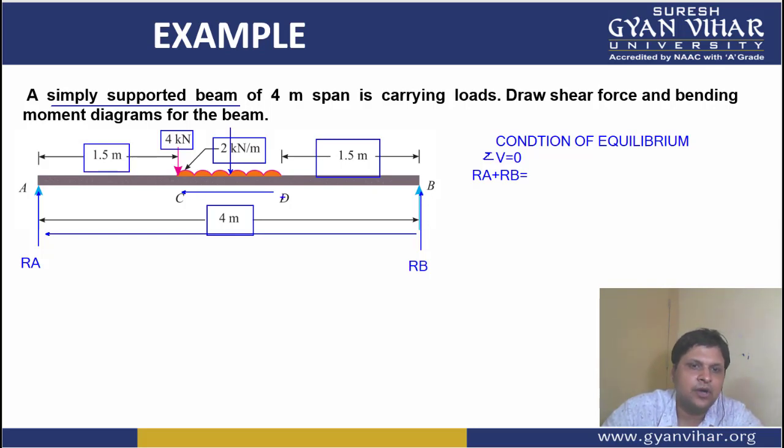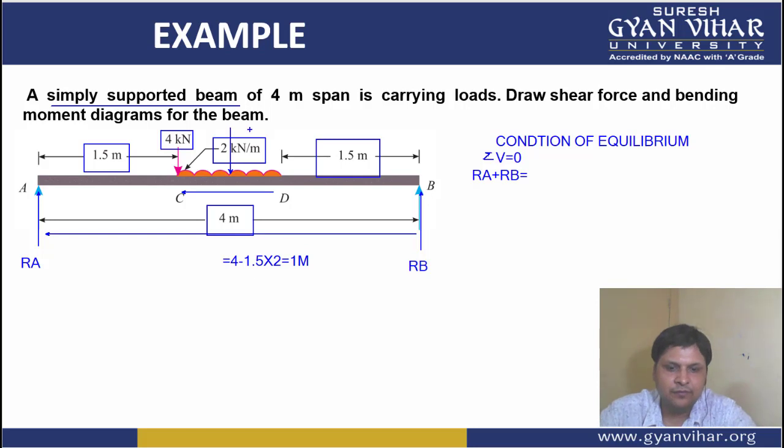So we can calculate the loaded length by subtracting: 4 minus 1.5 into 2, which gives us 1 meter. So 1 meter is the length on which this UDL is acting.